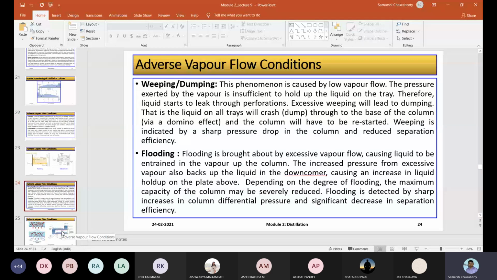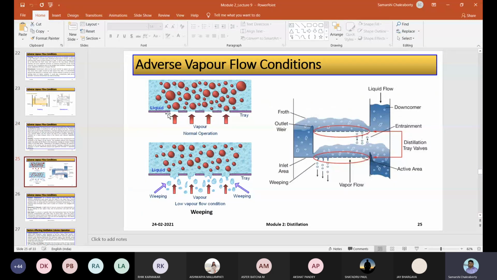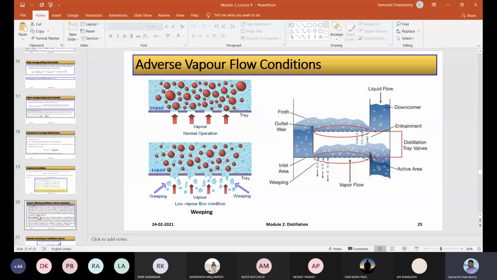All of these things have been depicted here with proper pictorial diagrams, so that the concept is pretty clear to you. You can visualize it also. So with this, let me just start.